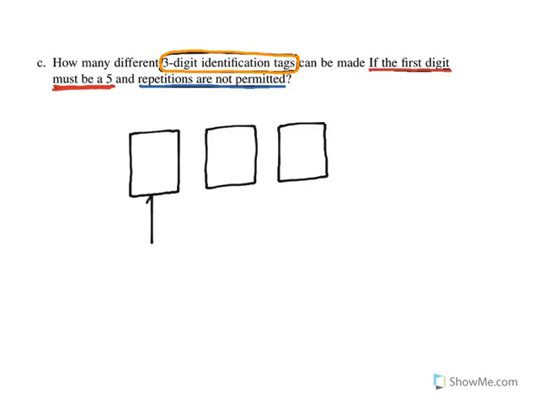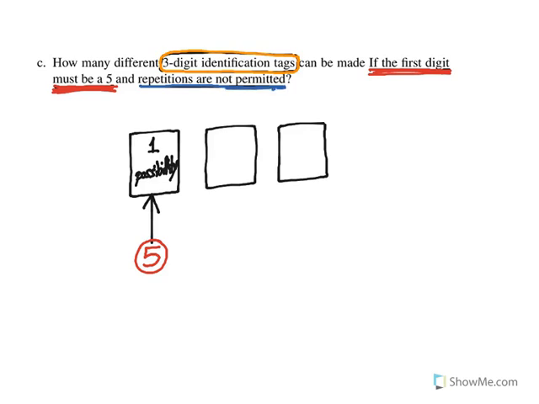Now, for this first one, it says here, the first digit must be a 5. So I have only one possibility. The number 5 is the only possibility that I should put here. So there is one possibility. Okay, and now repetitions are not permitted.